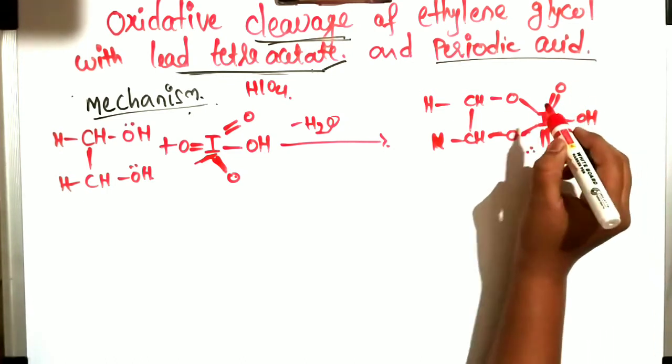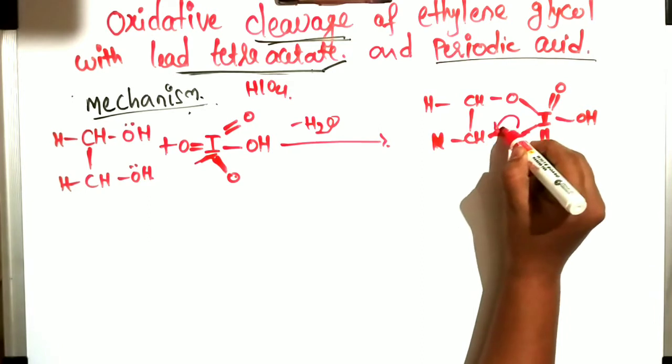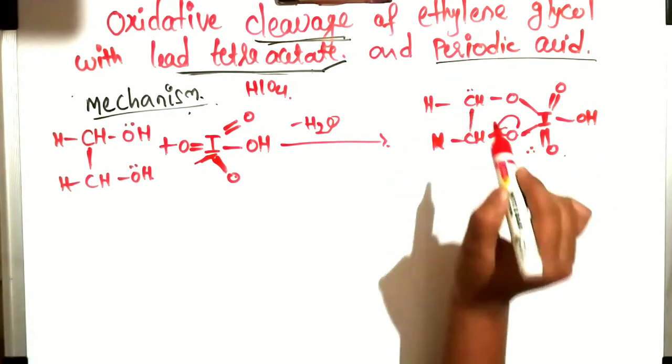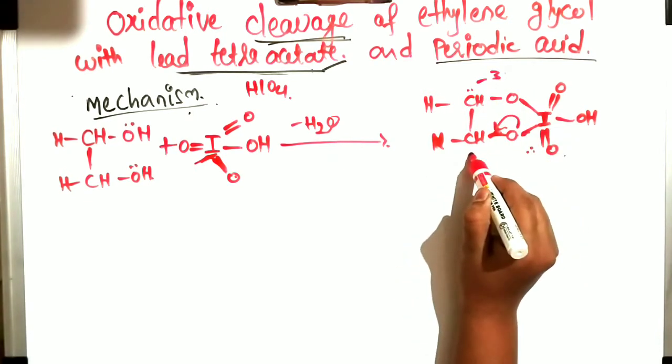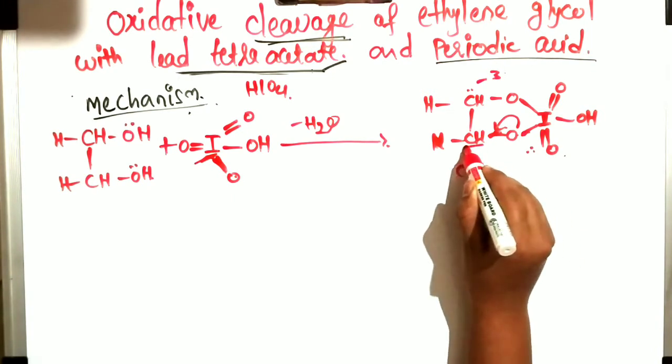What happens here? This oxygen goes here, and this carbon has three bonds. What is the valency of carbon? The valency of carbon is 4, so this should satisfy.